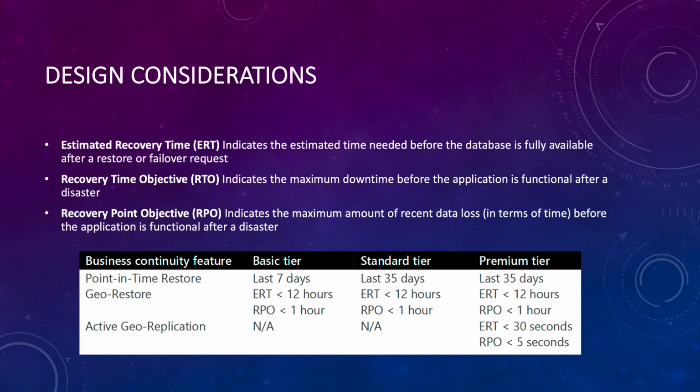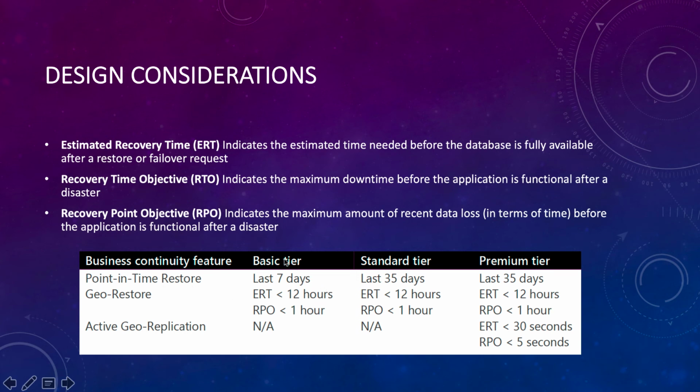Considering that information, look at the table and see how every single one of those business continuity features is going to help you. This table compares different business continuity features for you while considering different tiers within those features. Look at point-in-time restore.